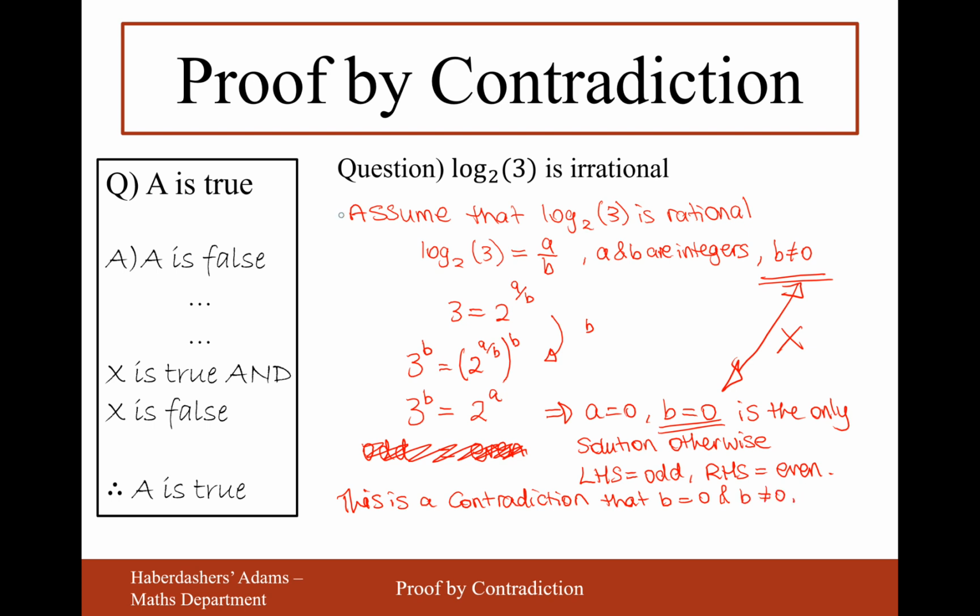So therefore what we assume to start with to end up at this contradiction must be false. So therefore log 2 of 3 is irrational. Because if it were rational, it would lead to something absurd.